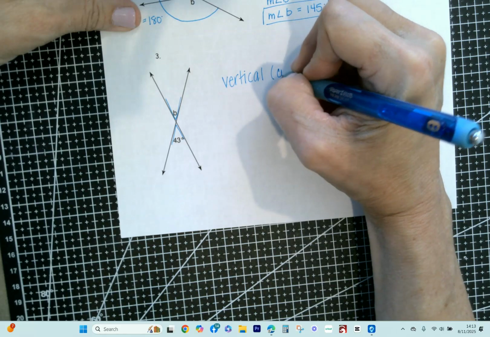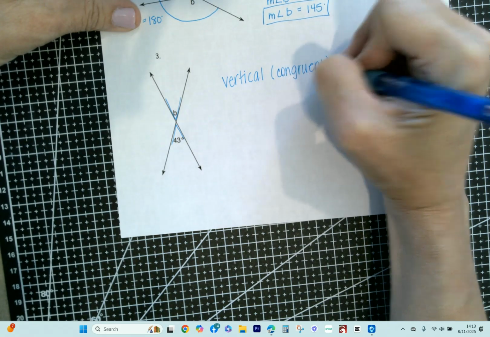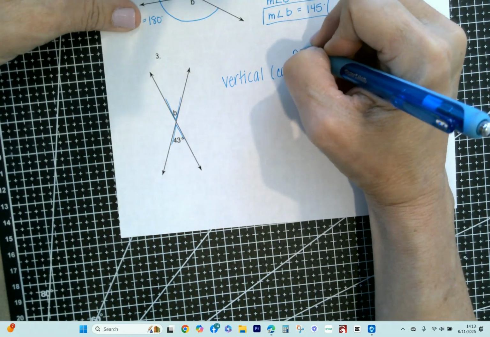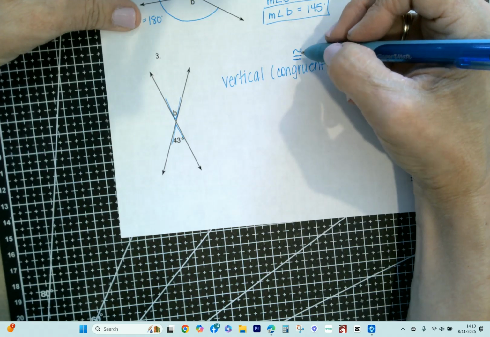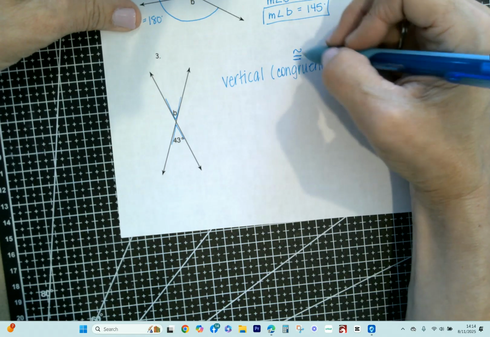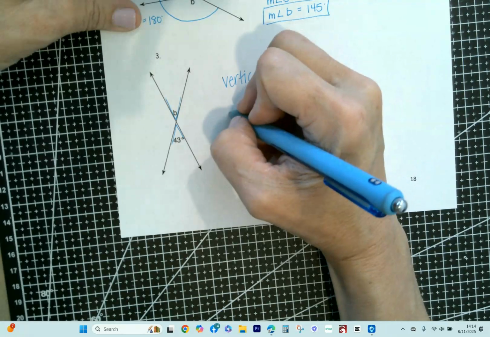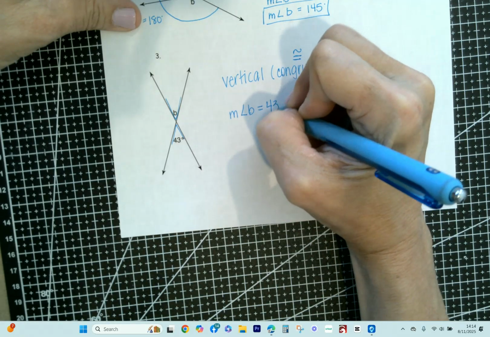They are congruent. Congruent means that they are equal, but they're different items that are equivalent, so we use that little wave on top of the equals sign. Because they're vertical, that's real easy. The measure of angle B is 43 degrees.